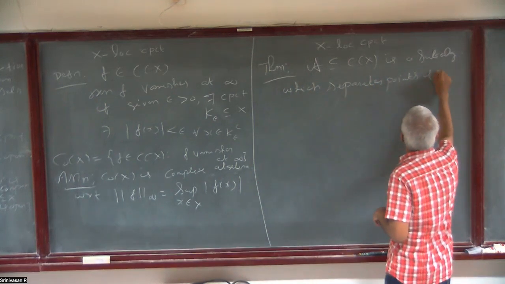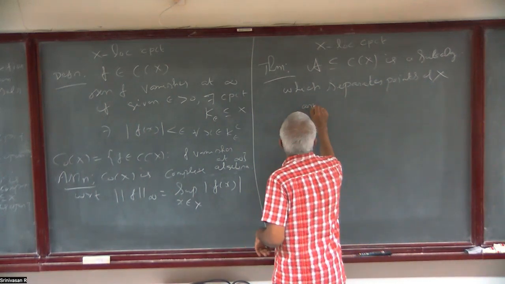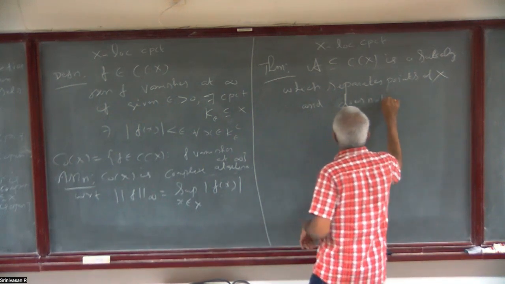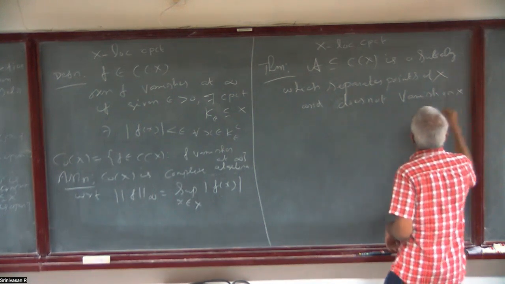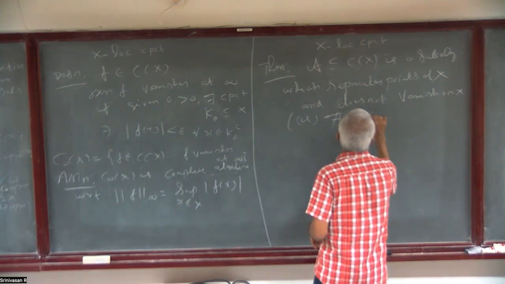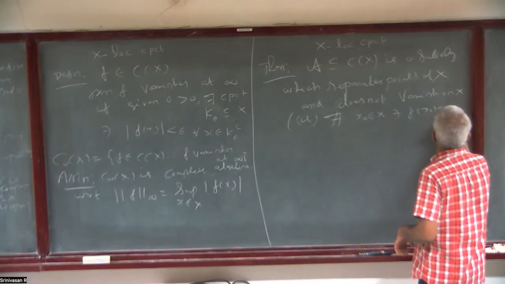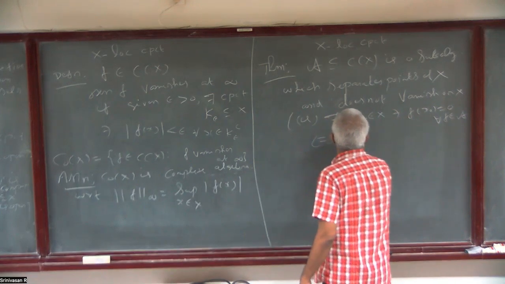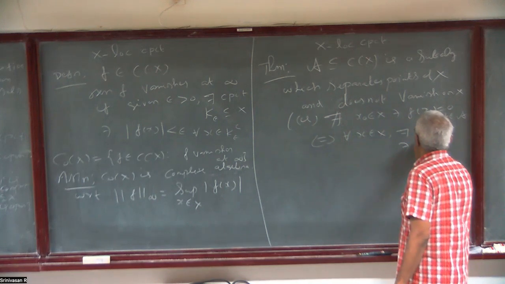And there should be one more condition: A does not vanish on X. That is, there does not exist any x naught in X such that f of x naught equals 0 for all f in A. That is equivalent to saying for all x in X, there exists an f in A such that f of x is not equal to 0.